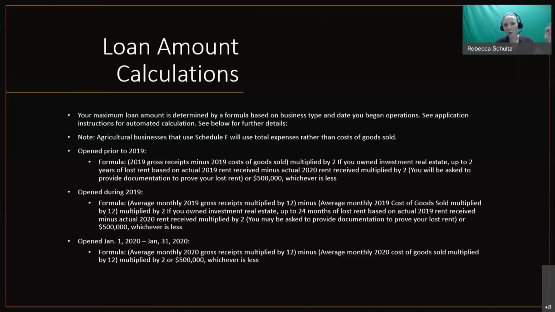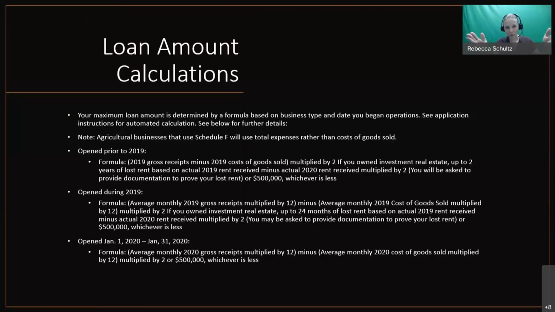So if you were open prior to 2019, that means you got a 2019 tax return. They're going to be looking at your gross receipts, total sales, minus any cost of goods sold, and they're taking that number and multiplying it by 2. Very, very simple. If you opened in 2019 and you don't have an entire 2019 tax year, no worries. They're going to look at how many months you were open and operating in 2019.